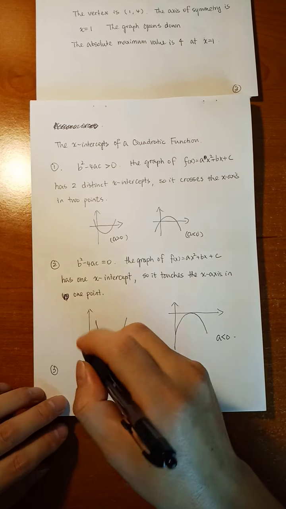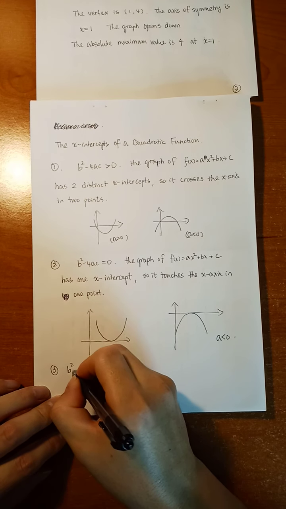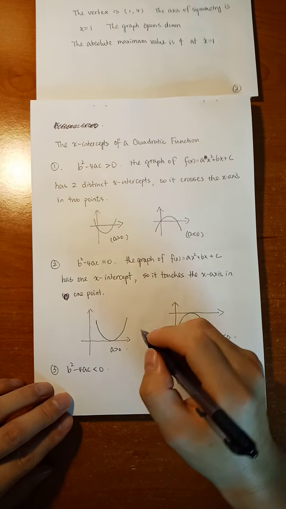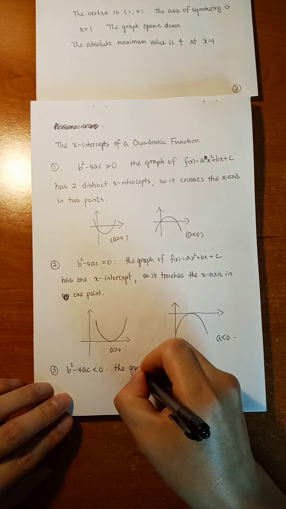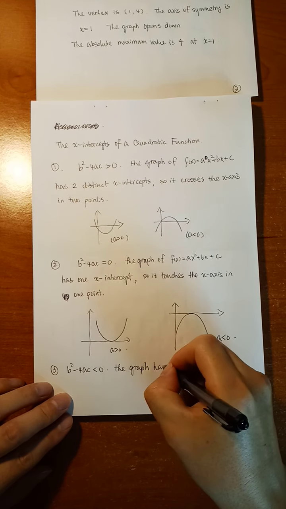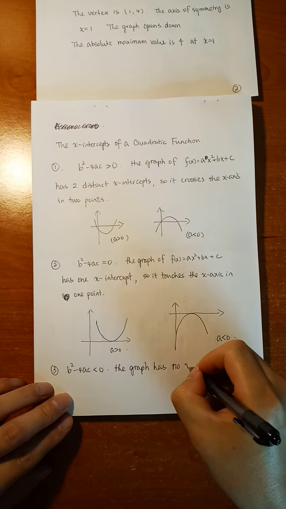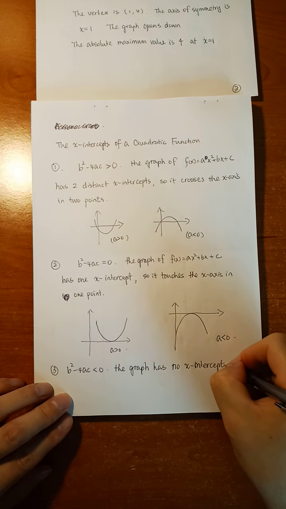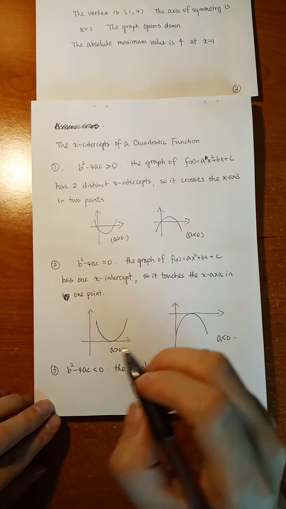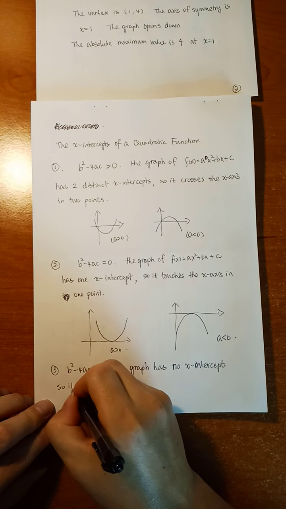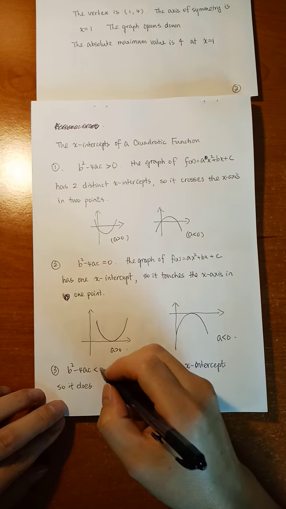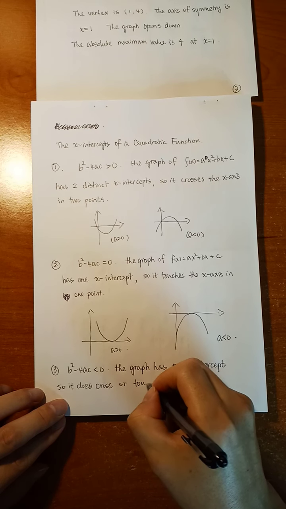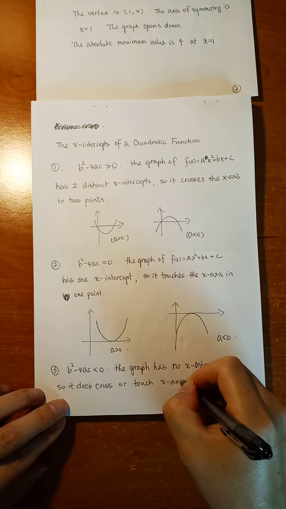When the discriminant is less than 0, the graph has no x-intercept. It has no x-intercept, so it does not cross or touch the x-axis.